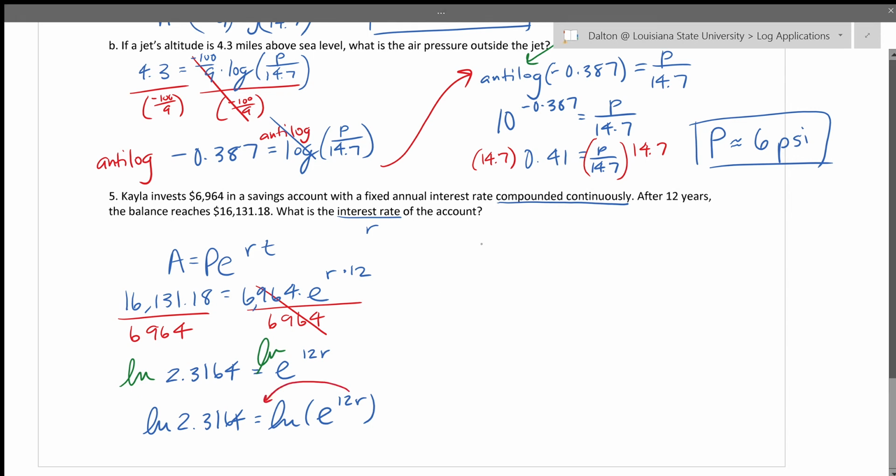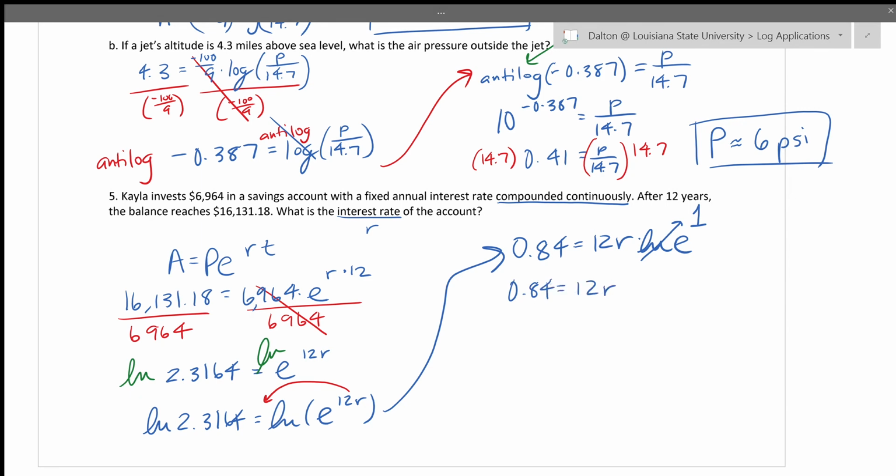And then you can also calculate on the left-hand side the natural log of 2.3164, which will be about 0.84. And on the right-hand side, you're going to get 12r times the natural log of e. Here's the benefit of doing natural log. We know that the natural log of e is 1. So that term essentially just disappears because anything times 1 is itself, leaving us with 0.84 equals 12r.